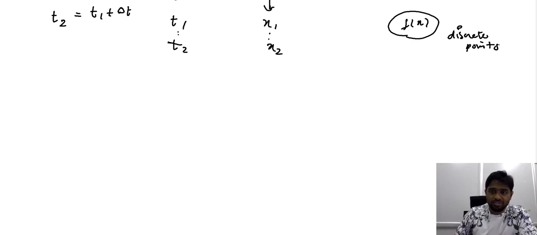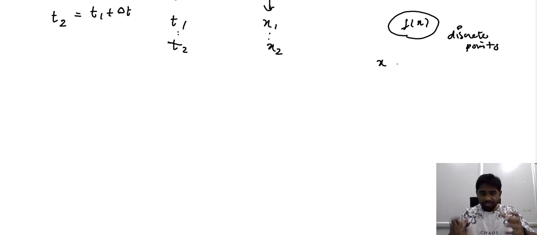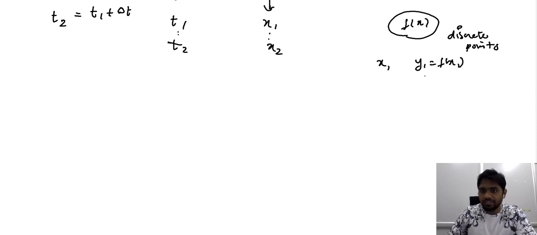What I mean by a discrete point is, supposing you have a data set, and you are doing some studies, and those studies generate your data set. That is, for a given input x1, you get an output y1, and this y1, since it is dependent on x1, can be expressed as a function of x1, and you continue to do this experiment and you generate such data.